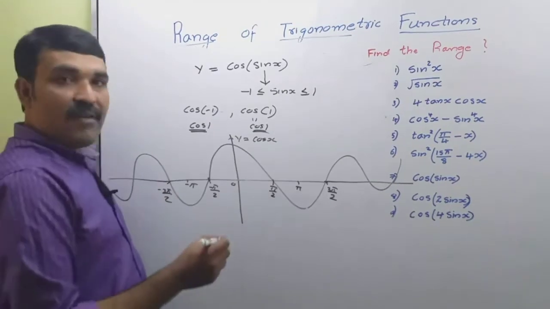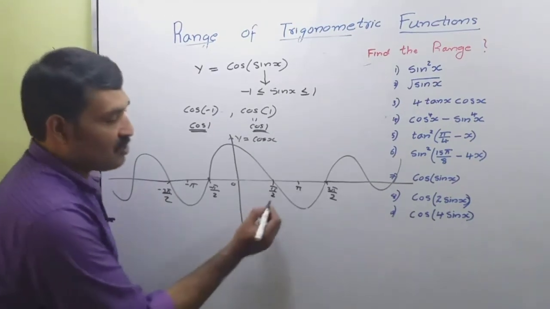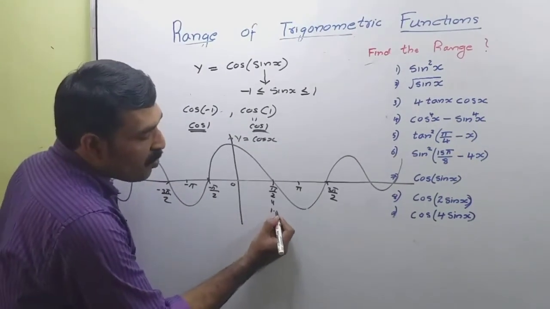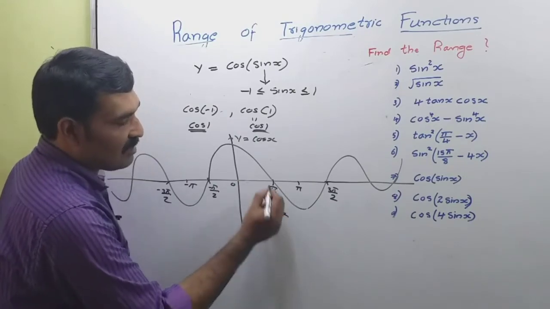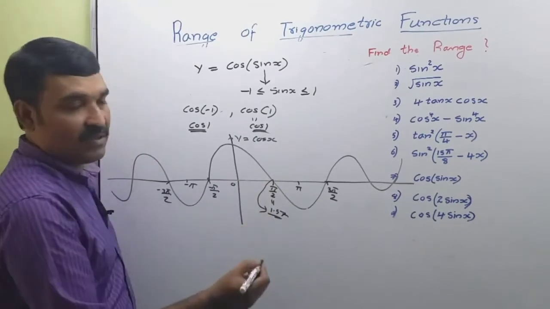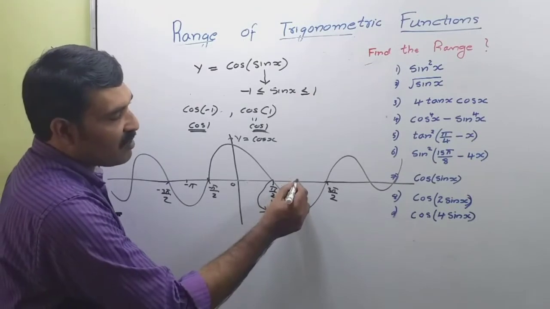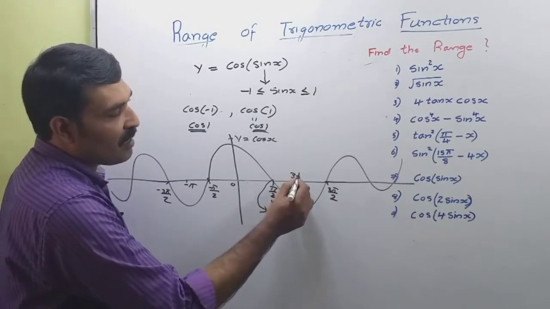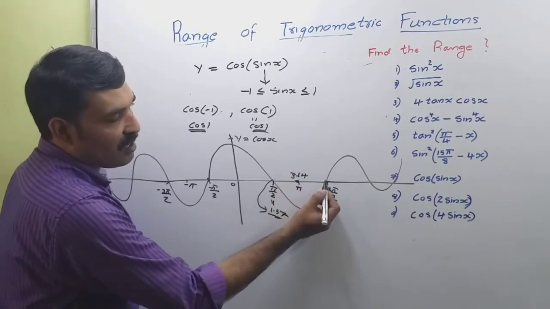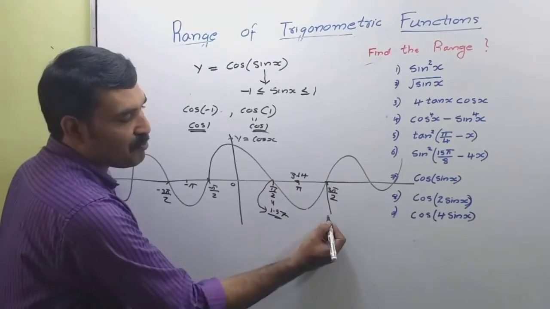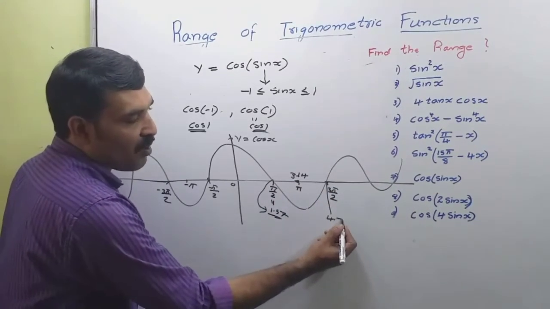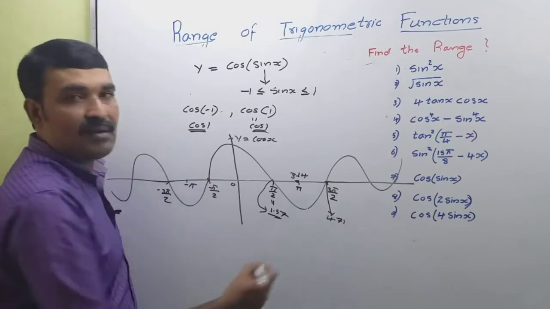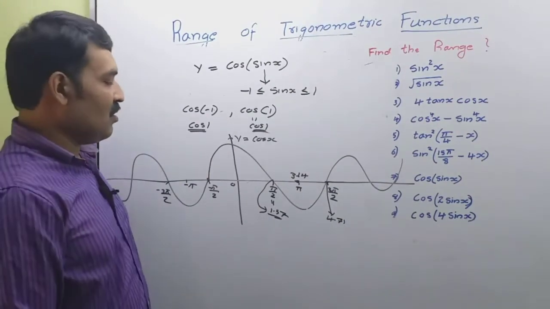The value of pi by 2 is approximately 1.57. The value of pi is 3.14, and the value of 3 pi by 2 is approximately 4.71.